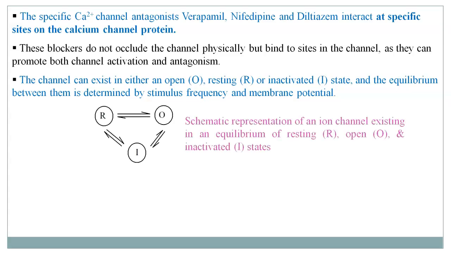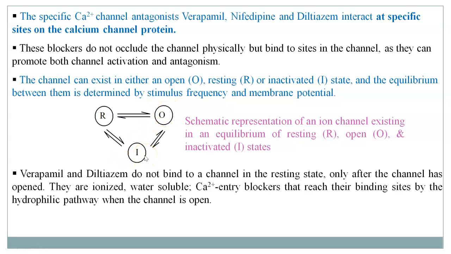The channel can exist in either an open, resting, or inactivated state, and the equilibrium between them is determined by stimulus frequency and membrane potential. Here is a schematic representation of an ion channel existing in an equilibrium of resting, open, and inactivated states.